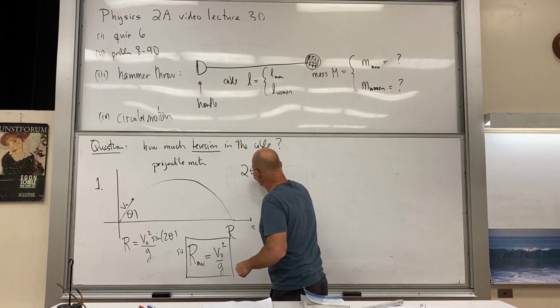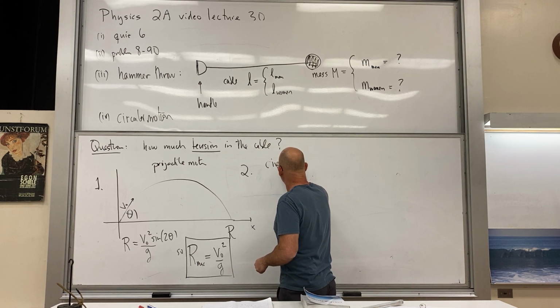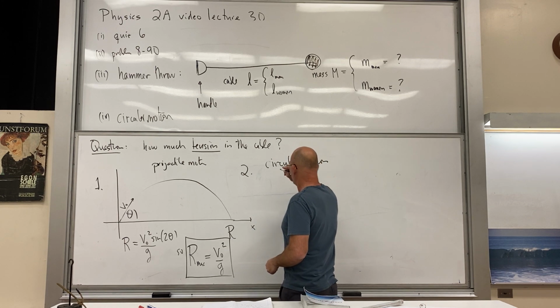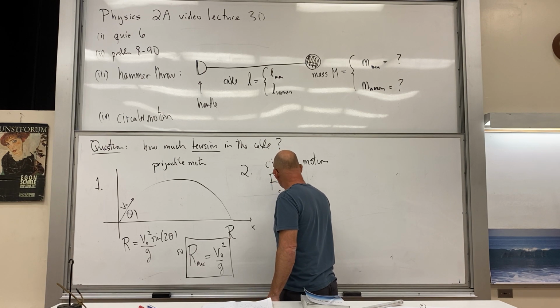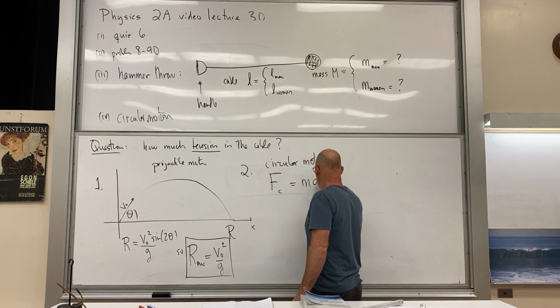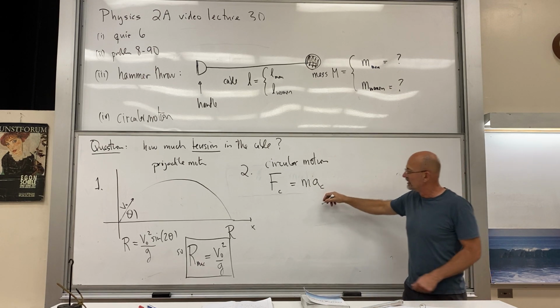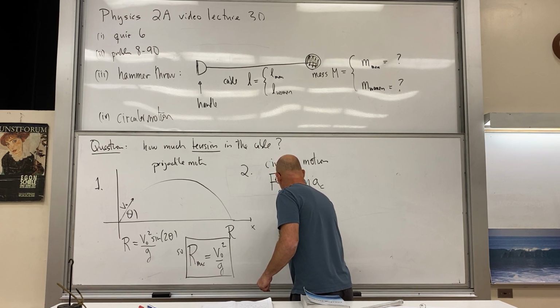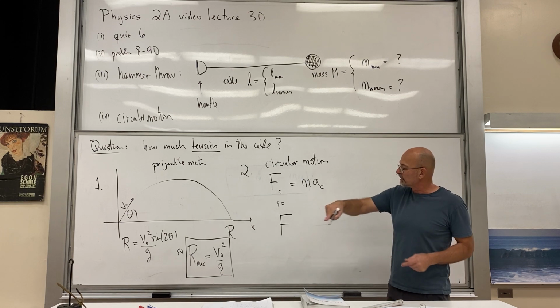The second ingredient is circular motion. And there we've got Newton's law. F is ma, except it's mass times centripetal acceleration. So F, and this is the tension in the cable, right? We're whirling around in a circle.